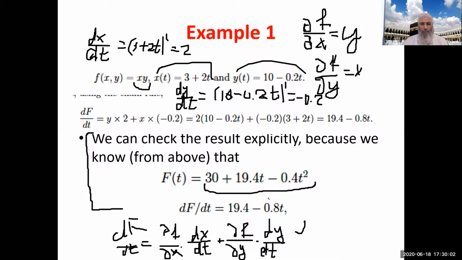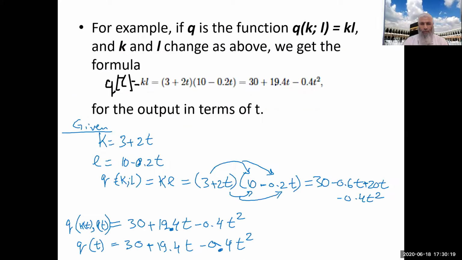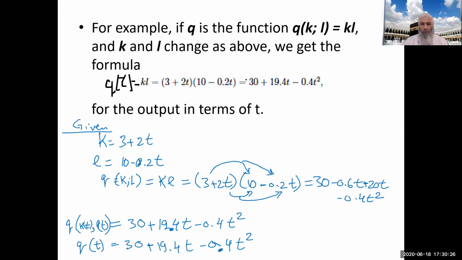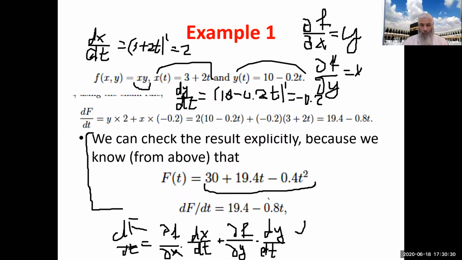Example: f of x and y equals xy, and x of t equals 3 plus 2t, and y of t equals 10 minus 0.2t.